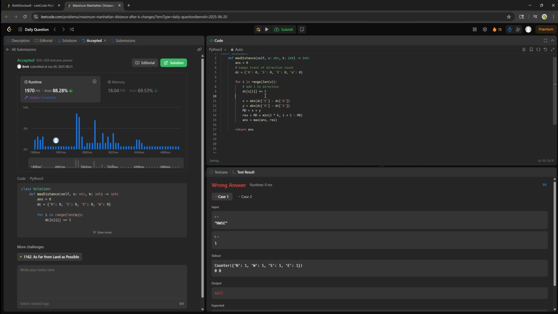Add 1 to the direction. Calculate current X and Y difference. So I had the right ideas, I just wasn't able to execute, and I definitely did not get this 2 times k I plus 1 minus MD thing.